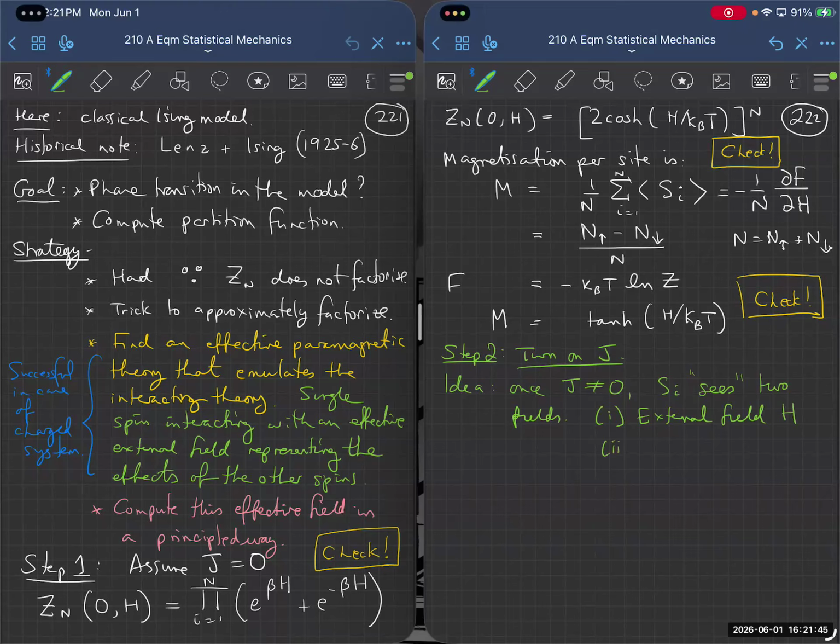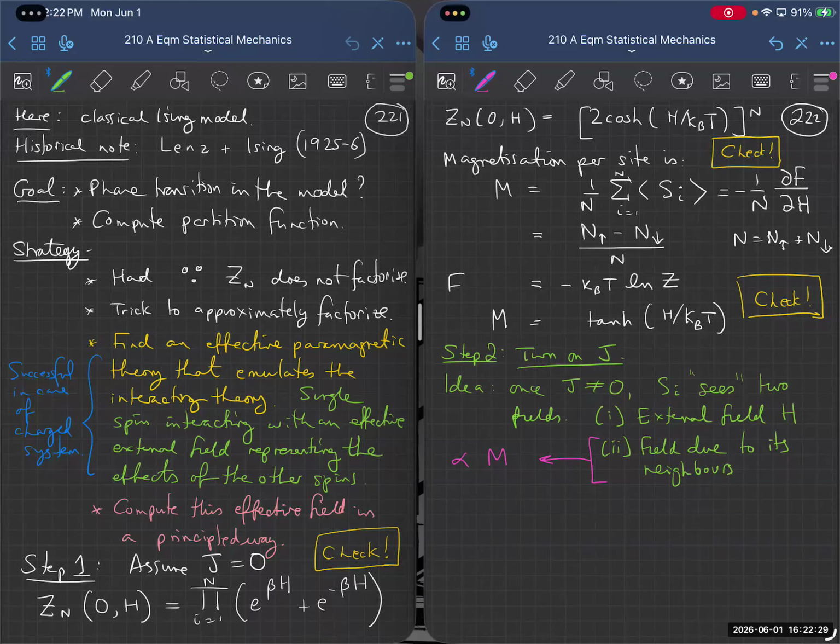The second field that it sees is the field due to its neighboring spins. The most important thing to realize is that since the spins are sort of pointing up and have a magnetization per spin, this field due to its neighbors is going to be proportional to the magnetization per spin. So this field is going to be proportional to m itself, the thing that we're trying to compute. So that's the basic idea.